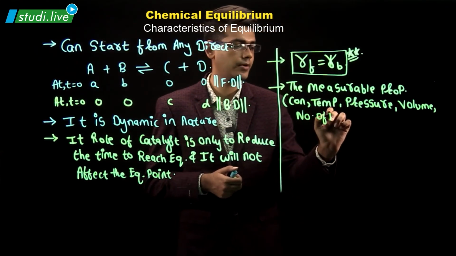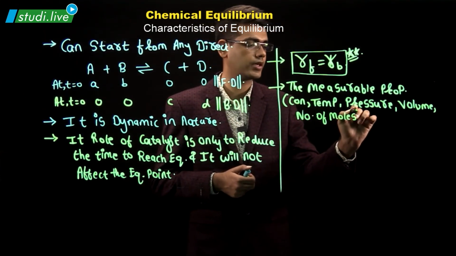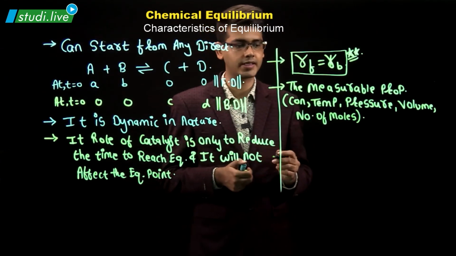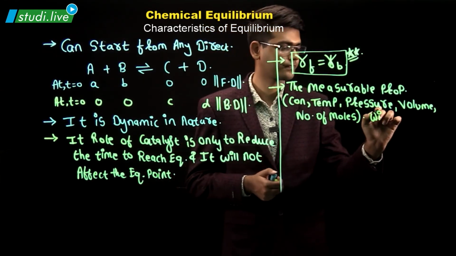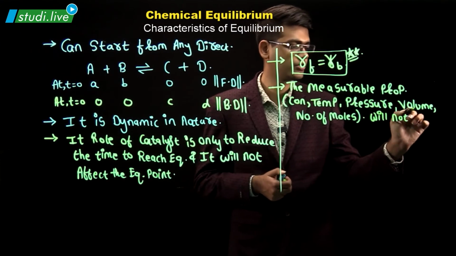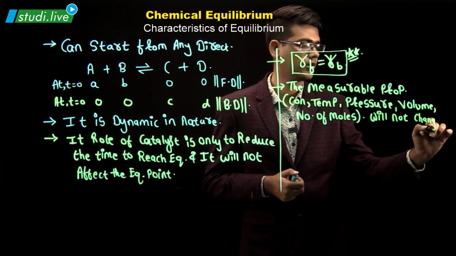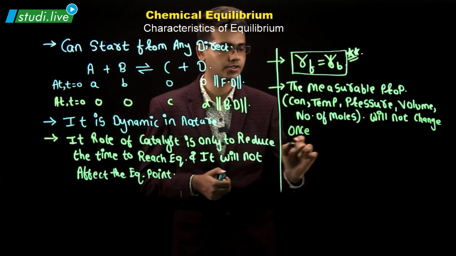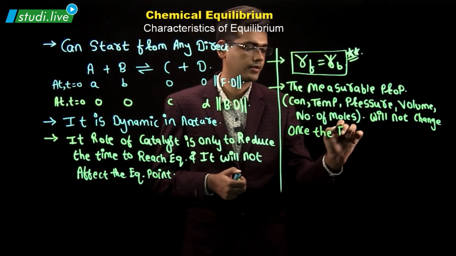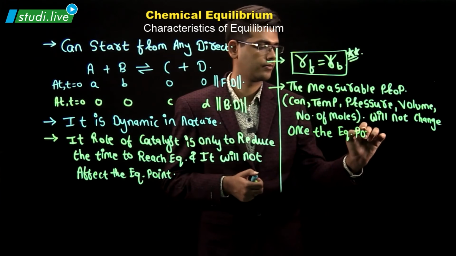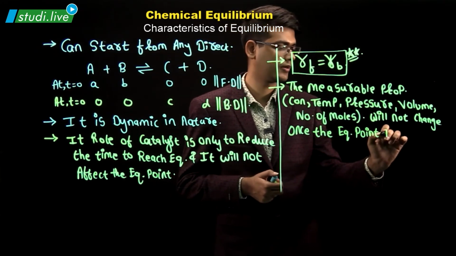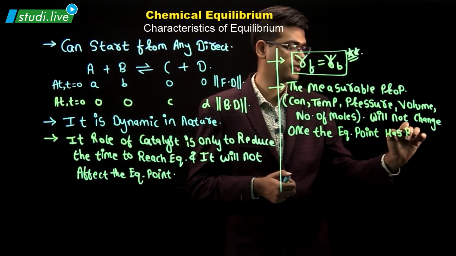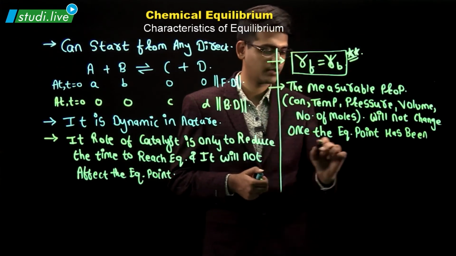All these are the measurable properties which we can measure. All these measurable properties will not change once the equilibrium point has been achieved.